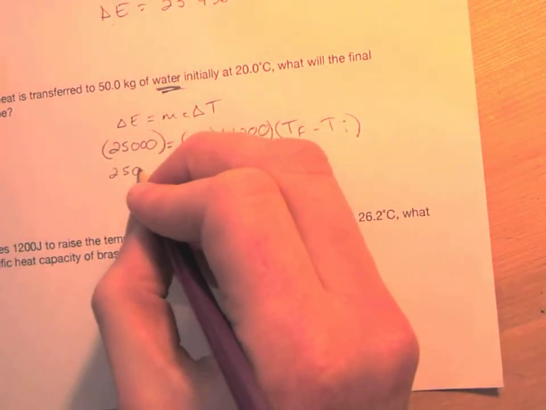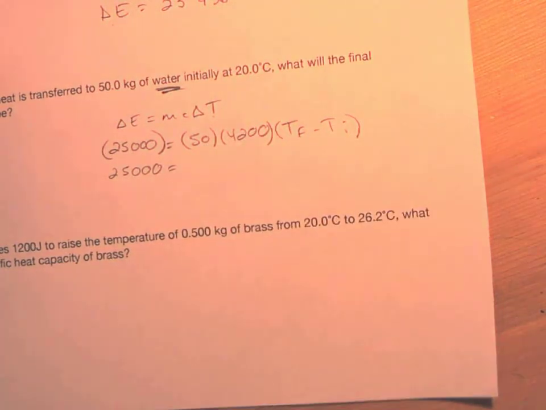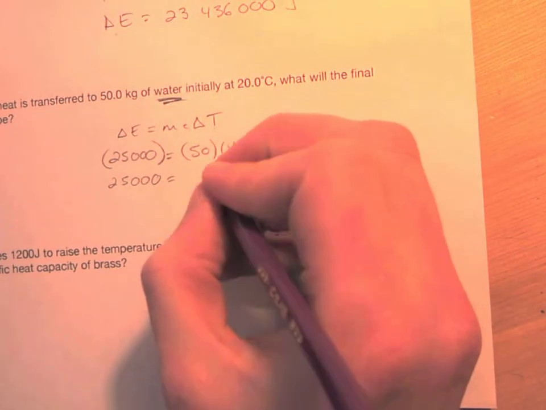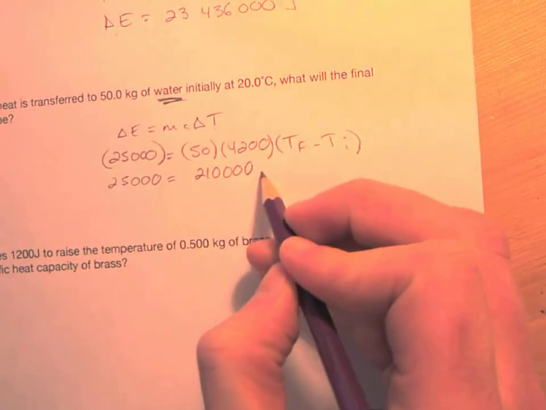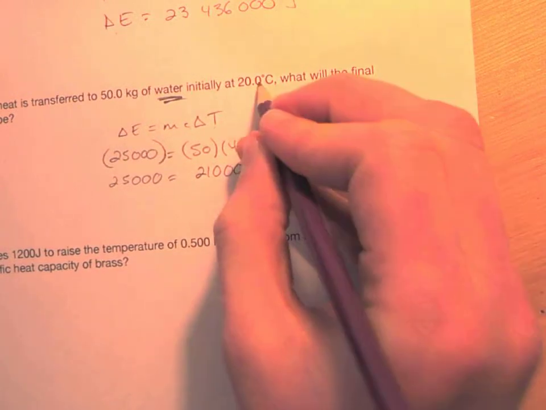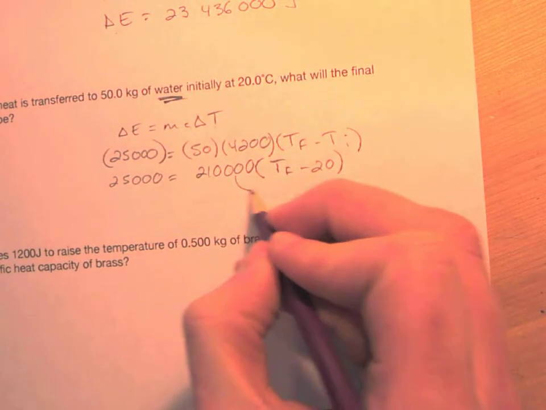So we have 25,000. Let's do that calculation. 50 times 4,200 is 210,000. And our final temperature is what we're trying to find. And our initial temperature is 20 degrees. So let's do a bit of algebra. We'll distribute this on the inside.